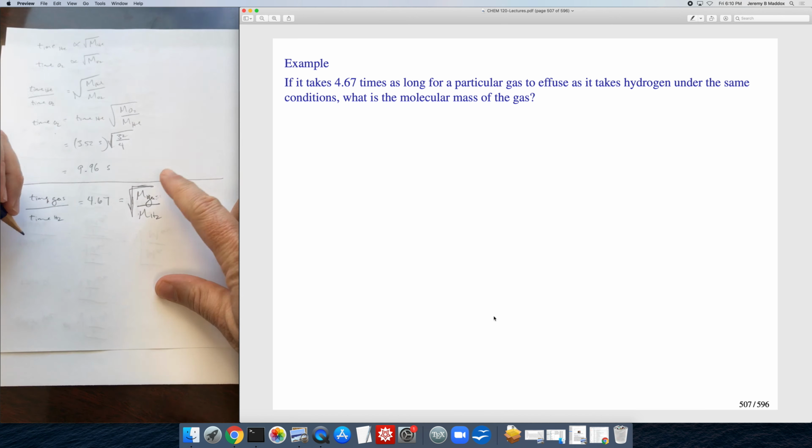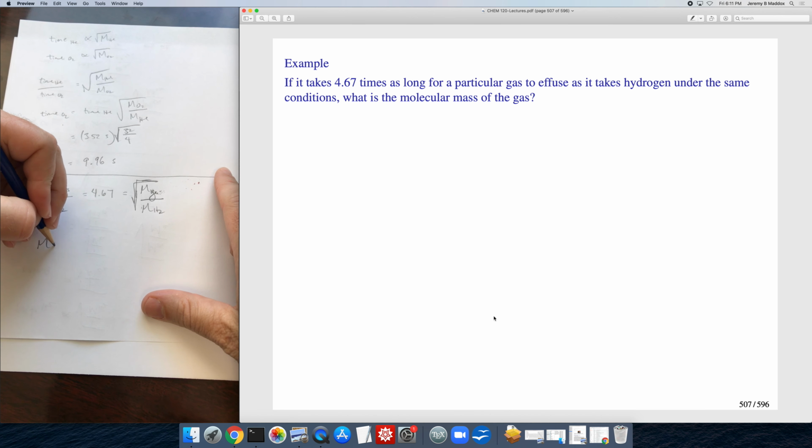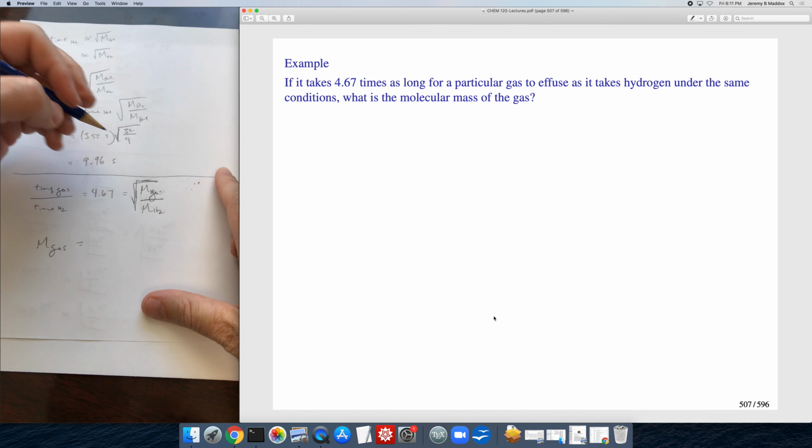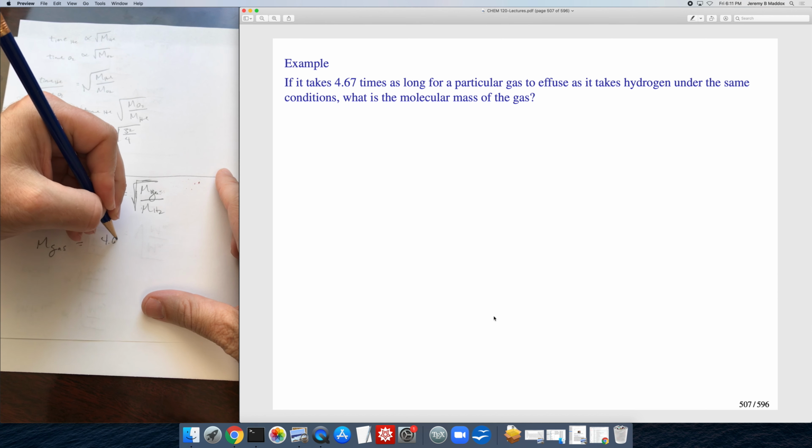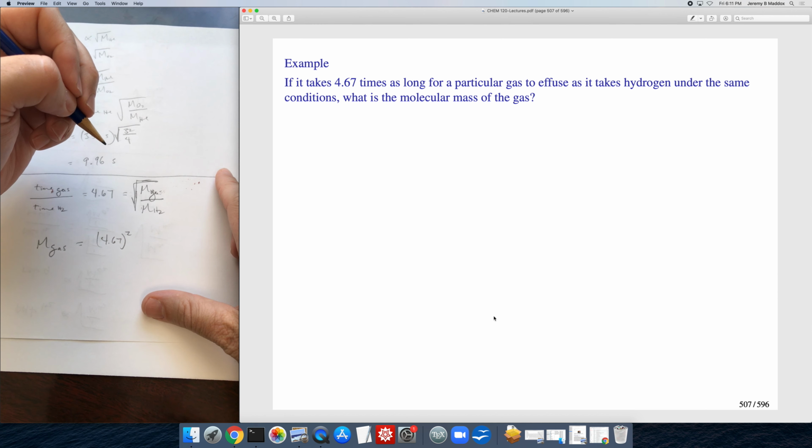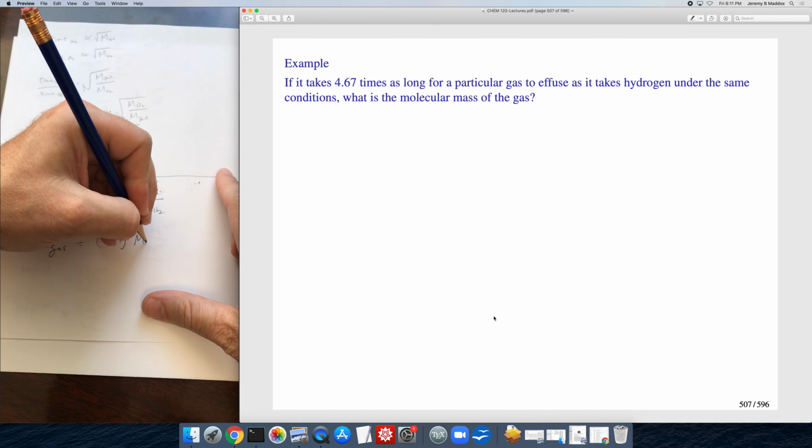So we can now solve for the molar mass of the gas. It's going to be 4.67 squared times the molar mass of hydrogen.